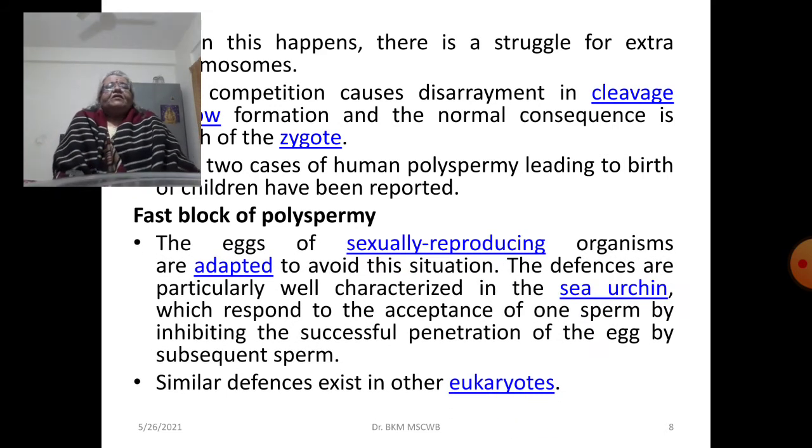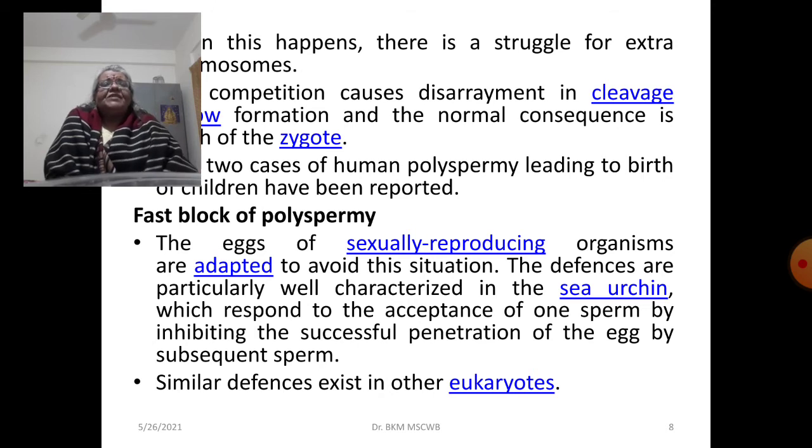So the eggs of sexually reproducing organisms, they are adapted to avoid this situation. That is the beauty of the nature. Always it provides congenial conditions for anything to function in an optimum way.